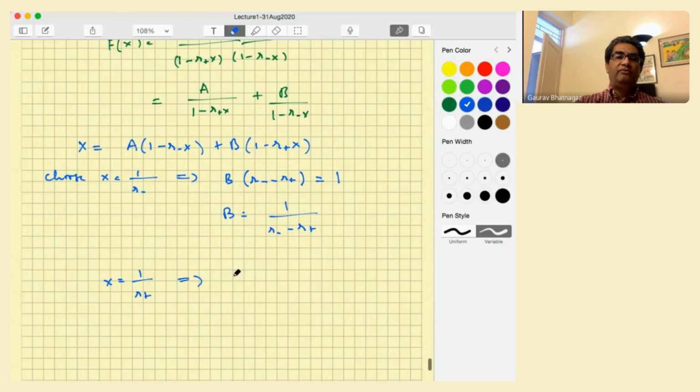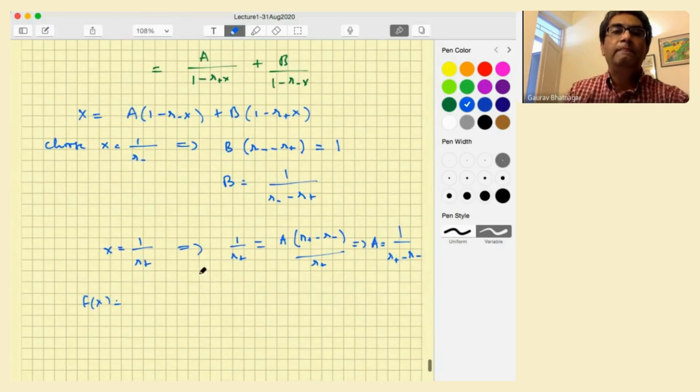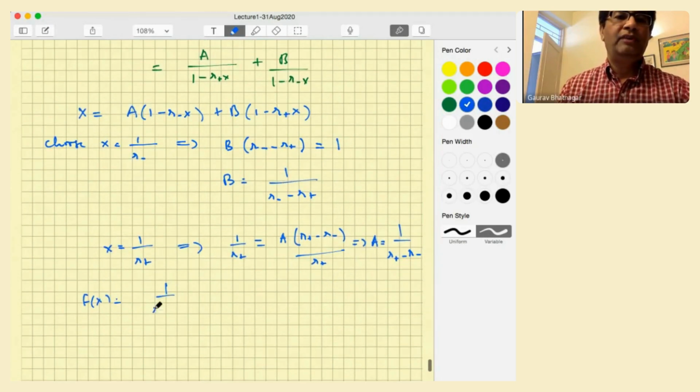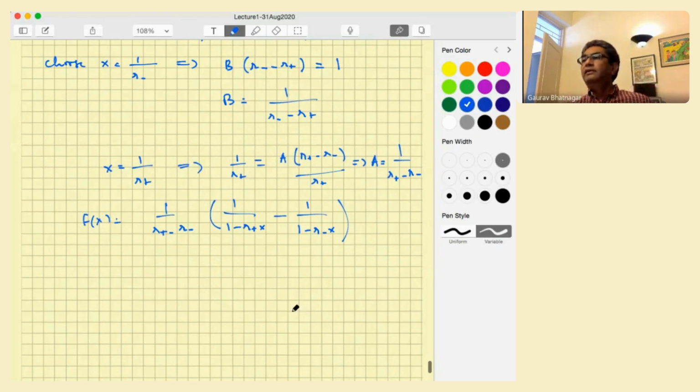So on this side you have 1 over r plus equal to a times r plus minus r minus divided by r plus. This means that a is equal to 1 over r plus minus r minus. So ultimately what you get is f of x is equal to 1 over r plus minus r minus, times 1 over 1 minus r plus x minus 1 over 1 minus r minus x. Okay? Is that fine?